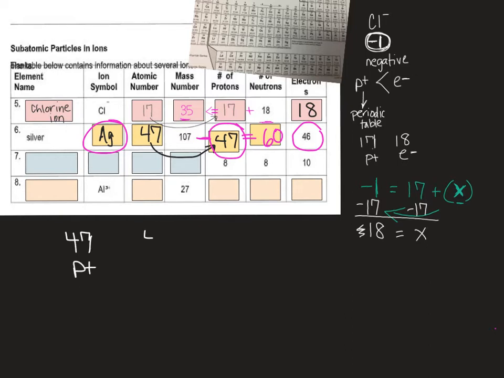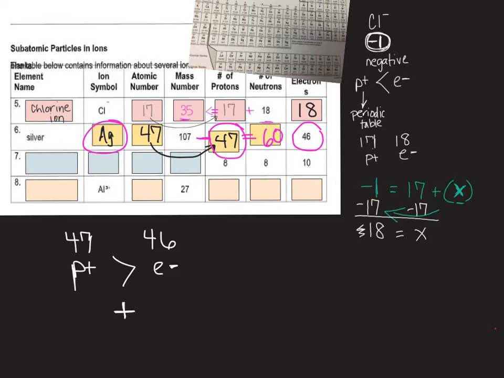We have 46 electrons. Remember, protons are positive, electrons are negative. Who do we have more of? Hopefully you said protons.